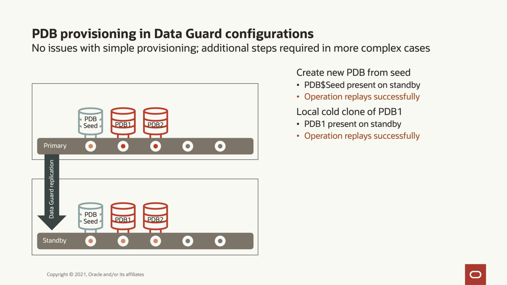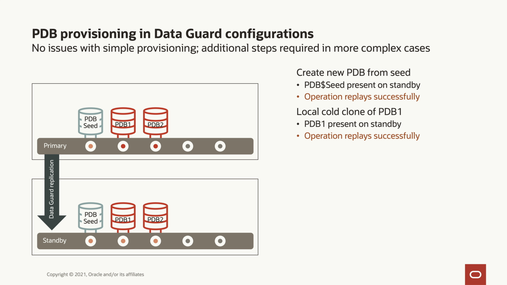However, for various reasons, some other provisioning operations are more complicated. For example, a hot clone, that is a clone of a PDB performed while the source PDB remains online, in other words open read-write, is complicated by the fact that there are two recovery operations involved at the same time.